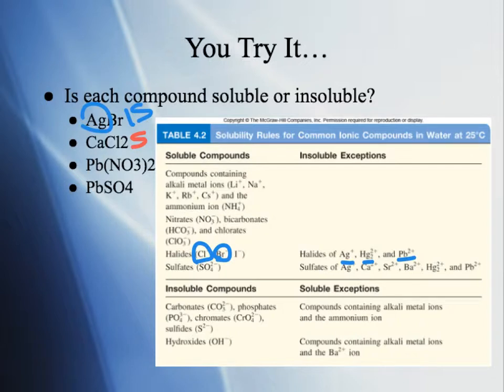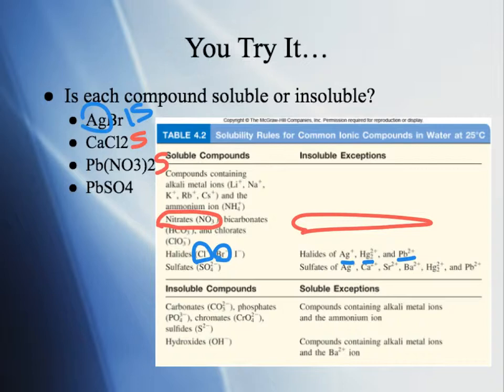All right, moving on to the next, we have lead nitrate. Nitrates are typically soluble, and we don't have any exceptions on this side. Fabulous. So that means that lead nitrate is soluble.